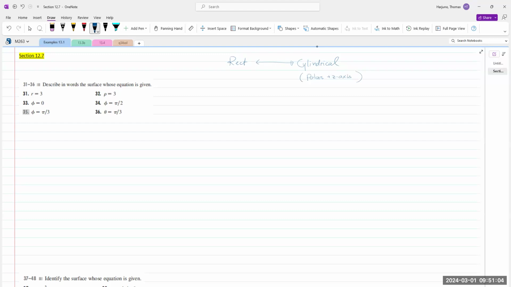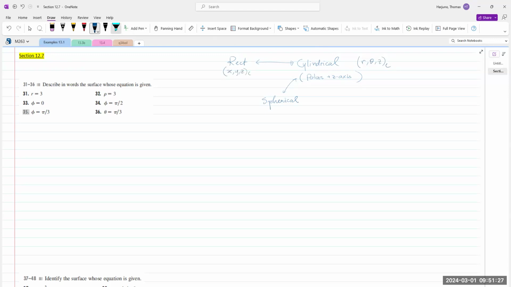After that we learn the spherical coordinate system, which if you think about it, will keep the theta. So here we have r, theta, z in cylindrical. In rectangular we have x, y, z.